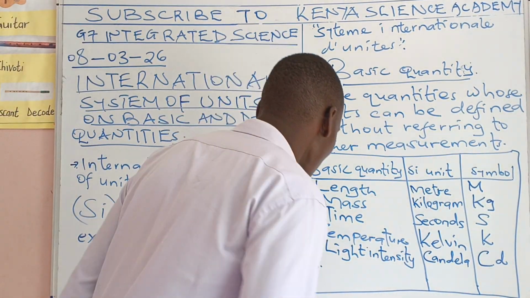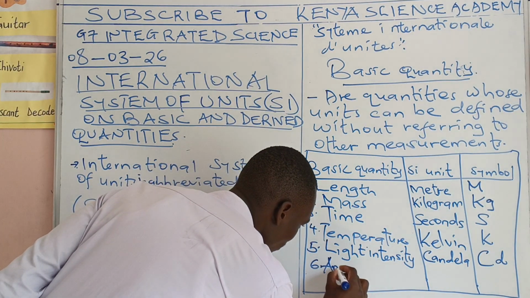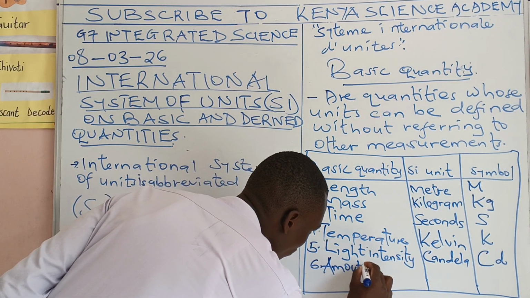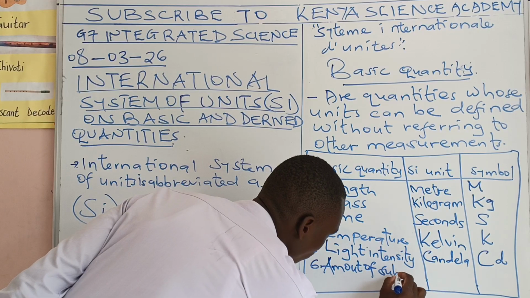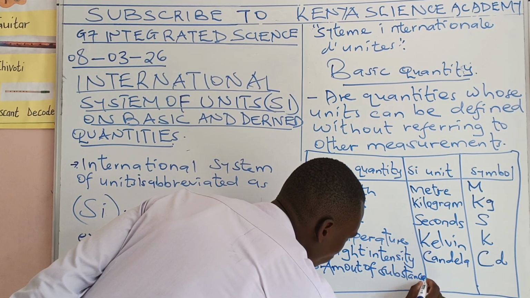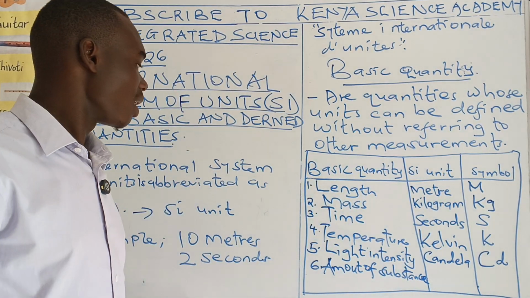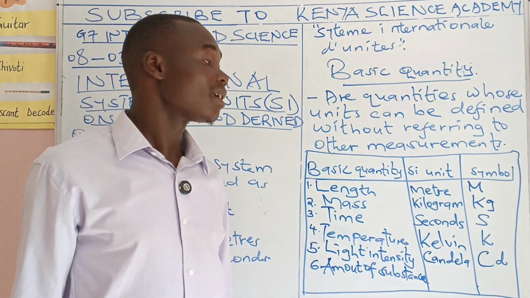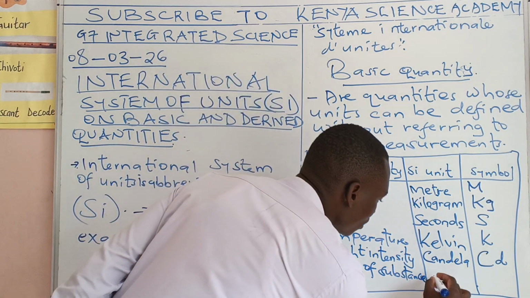Number 6, amount of substance. So substances can be measured, and there is a unit called mole.